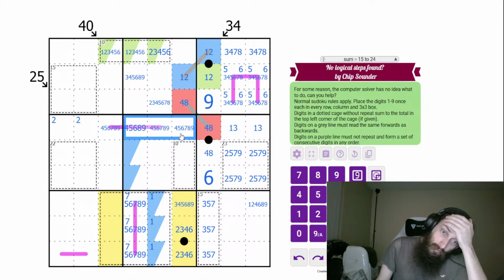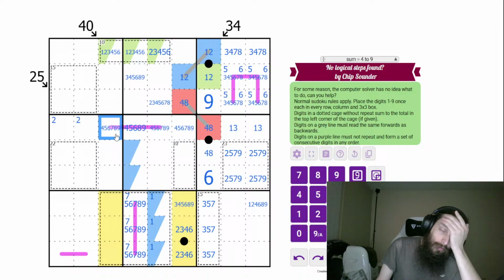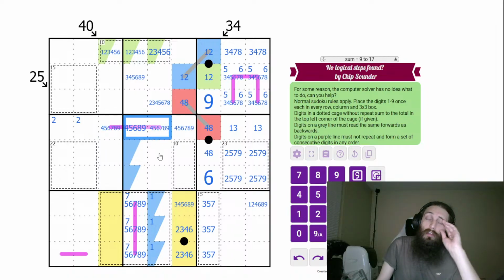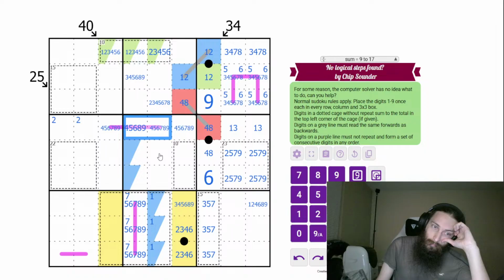If this was 5, 7, and 9, this would be 8 or 6 to connect to the 5, 7. Uh-oh. Or 9.